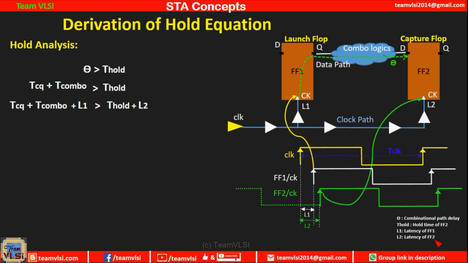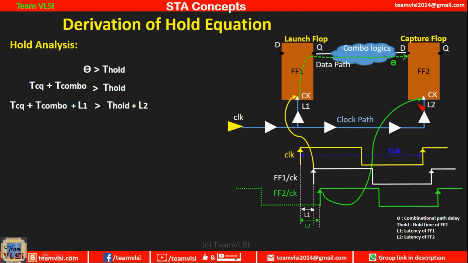Let's add one more practical scenario, that is the hold uncertainty of this clock. So what do we actually want here? We want that on the right hand side, this clock should arrive early and this data should arrive late in order to meet the hold equation. So if its arrival time varies and it becomes early, then there is no problem.